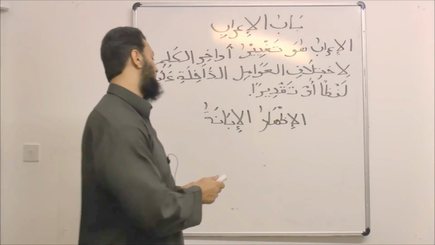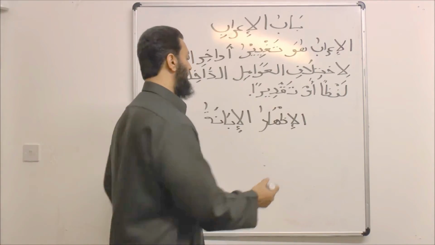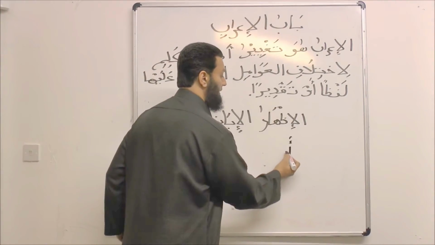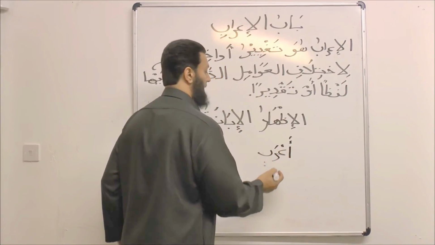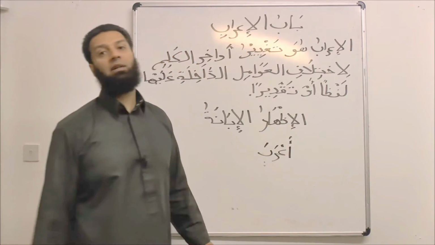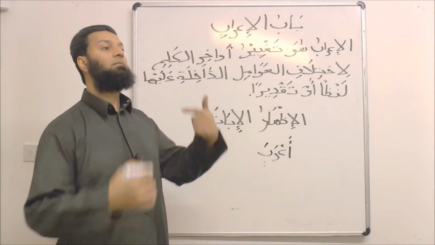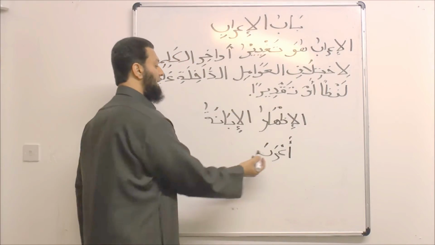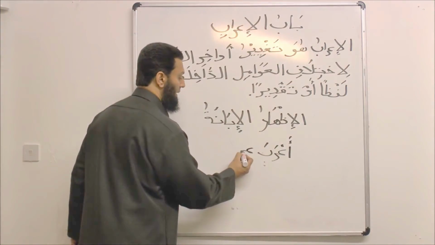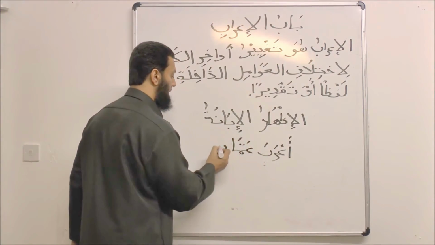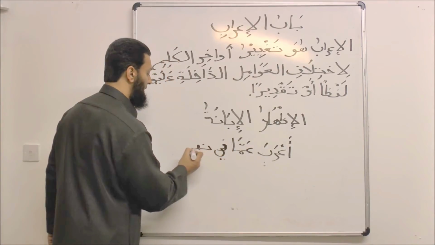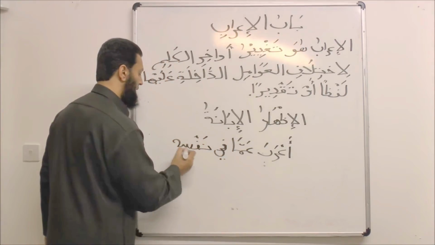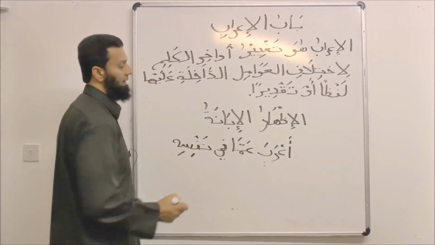So for example, if you said a'rabtu, because there's a verb here, a'raba. A'raba is the verb to pronounce. A'raba amma fi nafsihi.